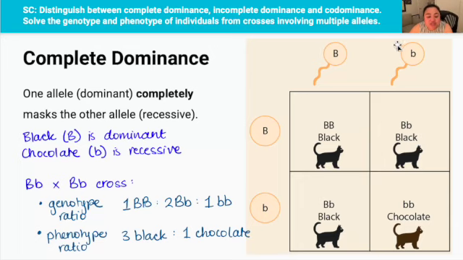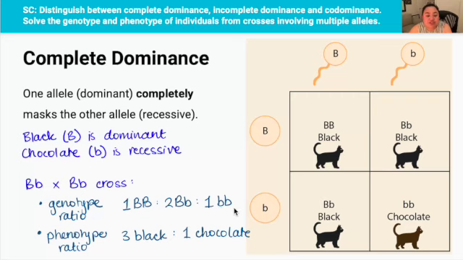When these 2 heterozygotes are crossed, so when a big B little b is crossed with a big B little b individual, the genotype ratio is 1 homozygous dominant offspring to 2 heterozygous offspring to 1 homozygous recessive offspring. So 1 big B big B, 2 big B little b, and 1 little b little b.